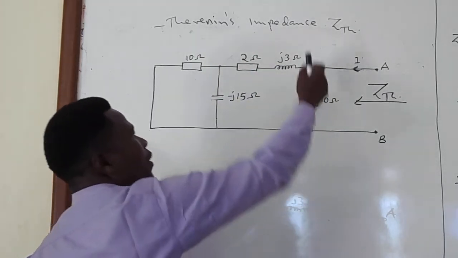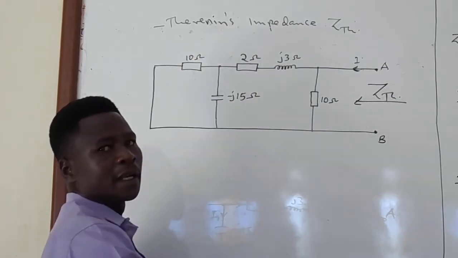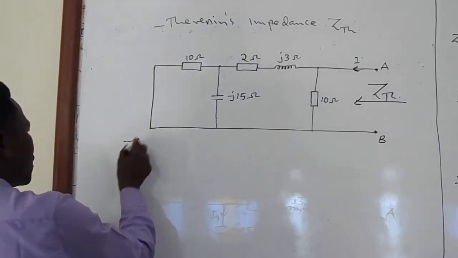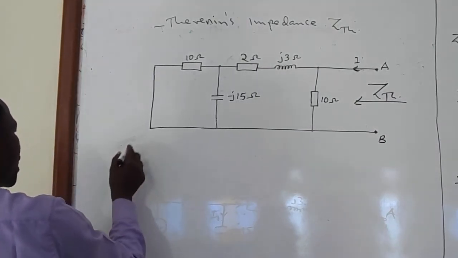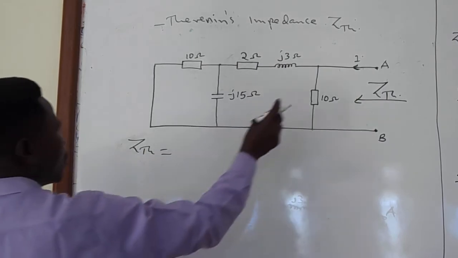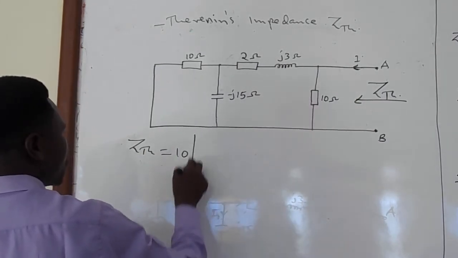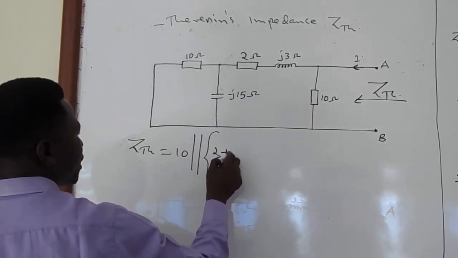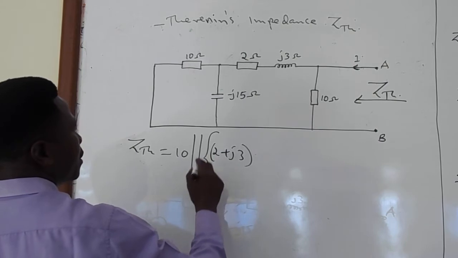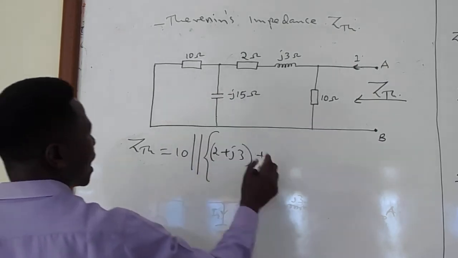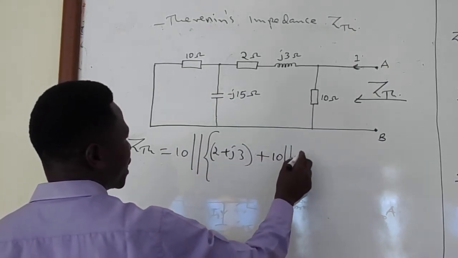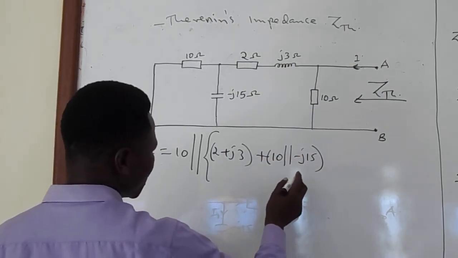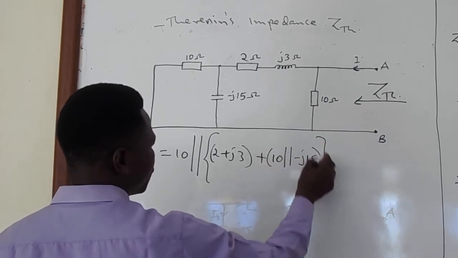Then the combination of the two is in parallel with the 10 ohms. So that our Thevenin's impedance, Z Thevenin's, will be equal to 10 ohms in parallel with 2 plus J3 in series with the 10 in parallel with negative J15.